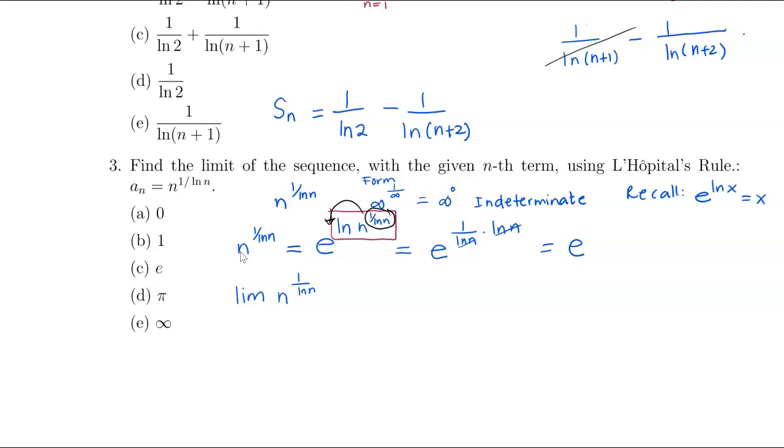And n approaches infinity, but we found out that this expression is actually equal to e. So this is just equal to the limit as n approaches infinity of e, and the limit of a constant is the constant. So therefore the limit here is just equal to e.